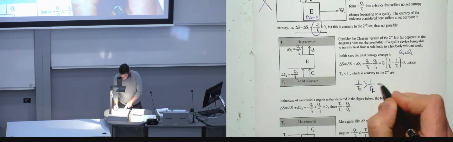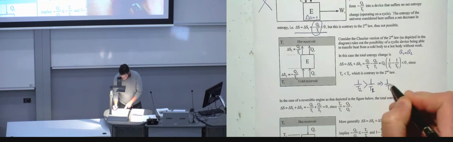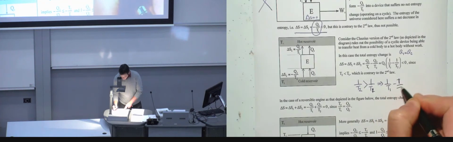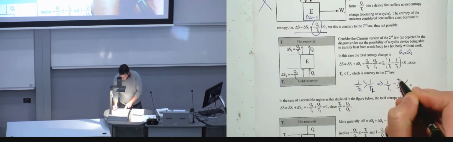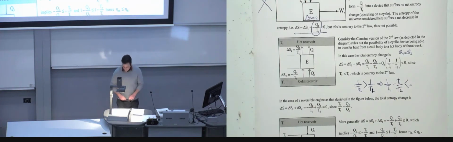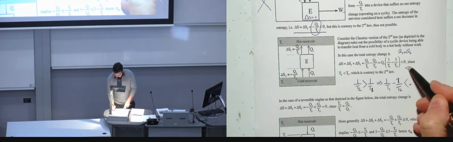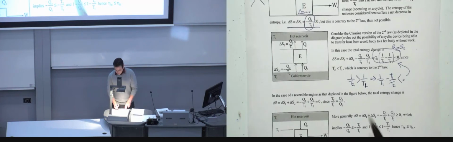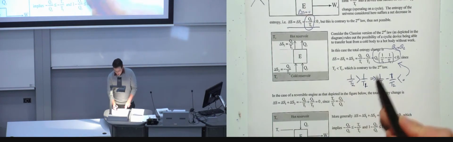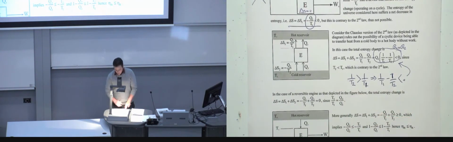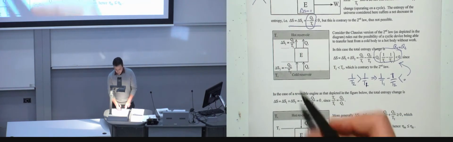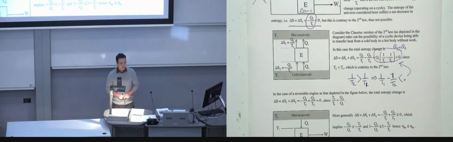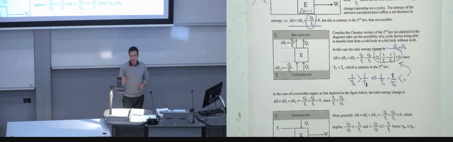And that suggests that 1 over T1 minus 1 over T2 is going to be less than 0. And therefore you get that in here. Once again, you get negative delta S, and of course you get T2 minus T1, which is not possible because the cold reservoir can't be at a higher temperature than the hot reservoir, and therefore that cycle is going to be impossible.